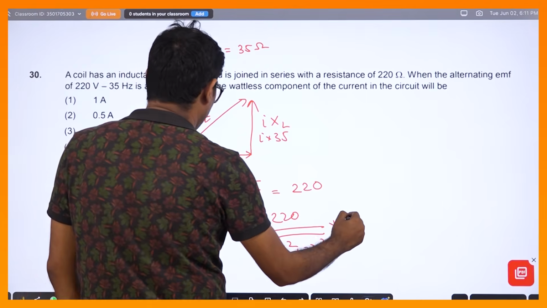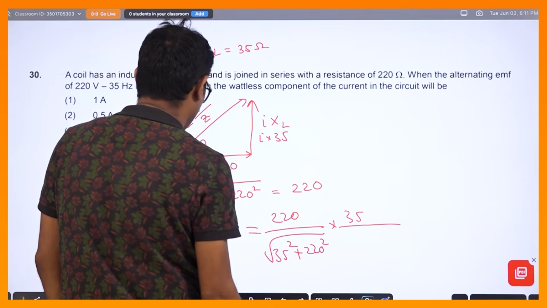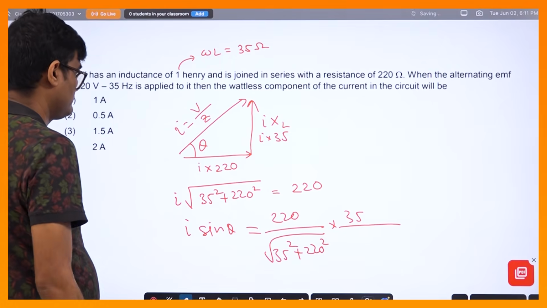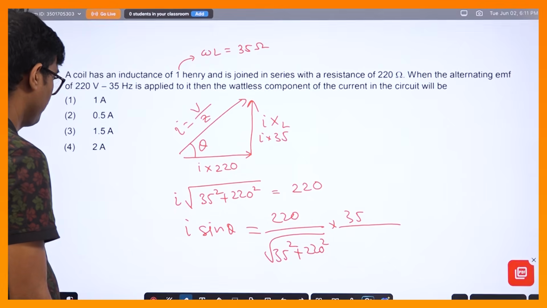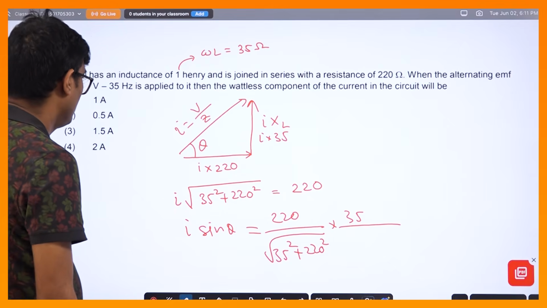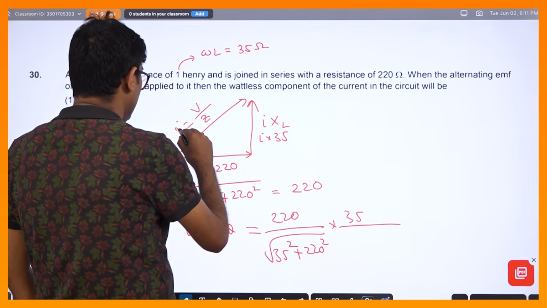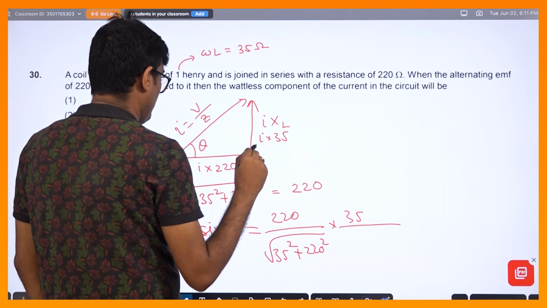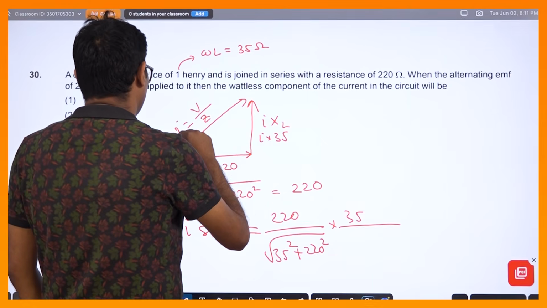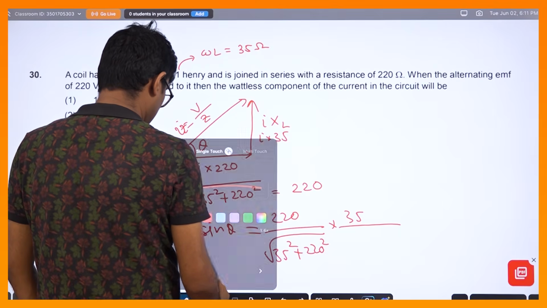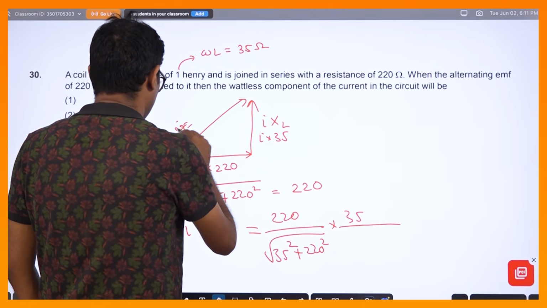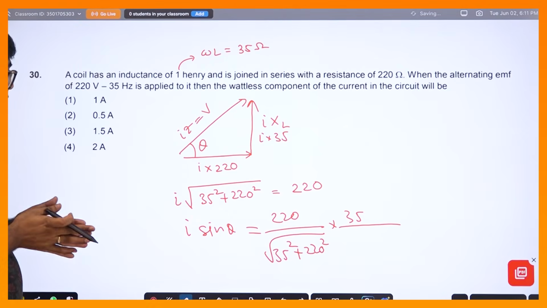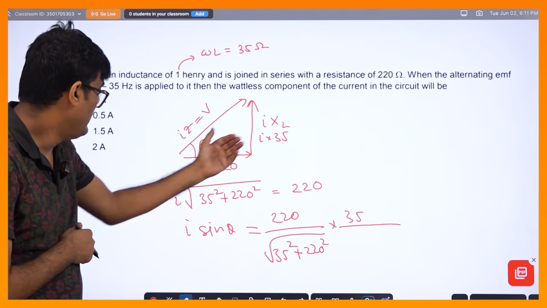Sin theta is equal to 35 by Z. This side is Iz equals to V. So I is equal to V by Z, right?